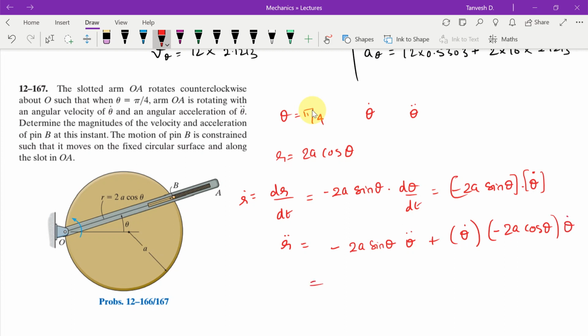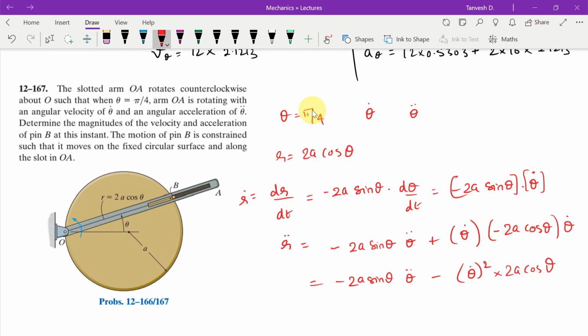So this will be minus 2a sine theta theta double dot, plus, sorry, this would be minus, minus theta dot the whole square into 2a cos theta. This is what we'll get.